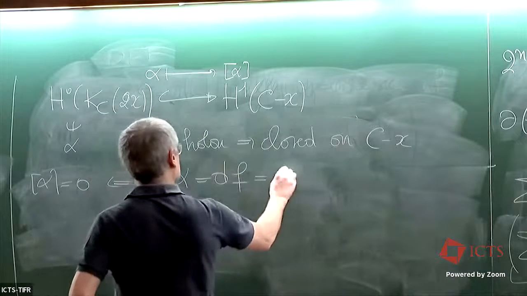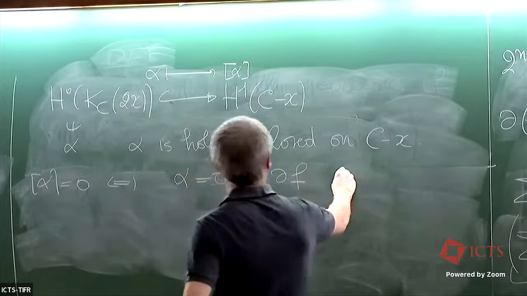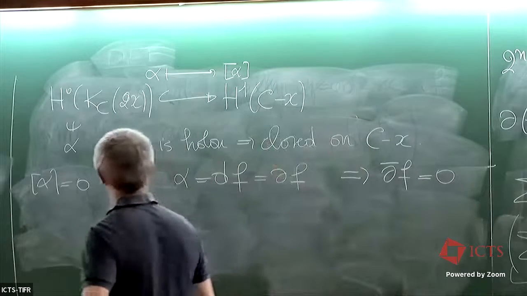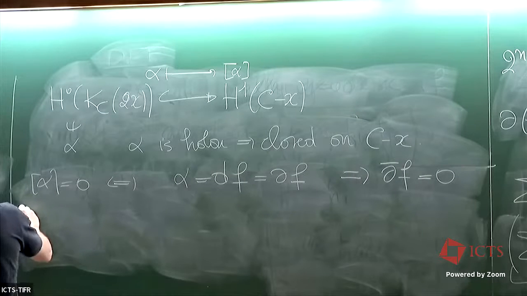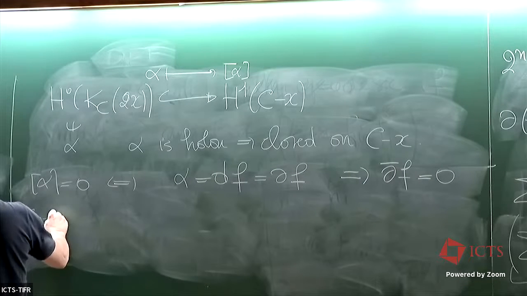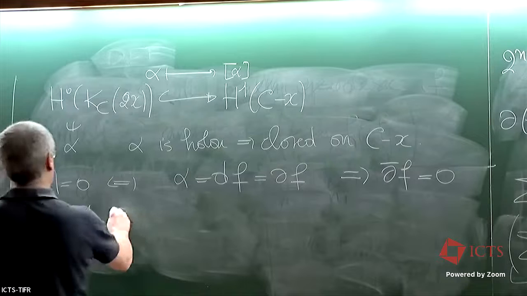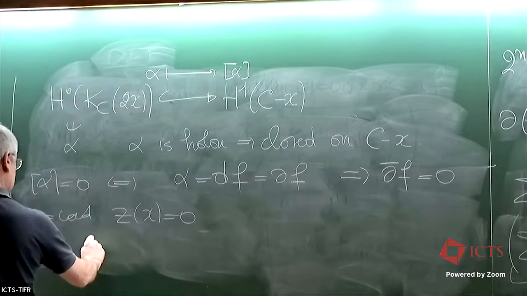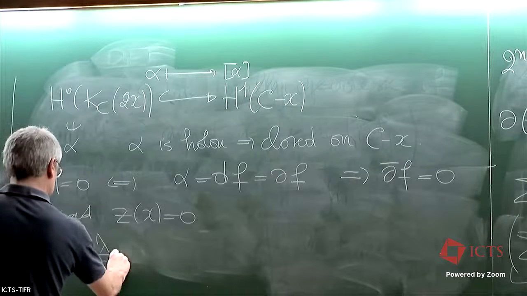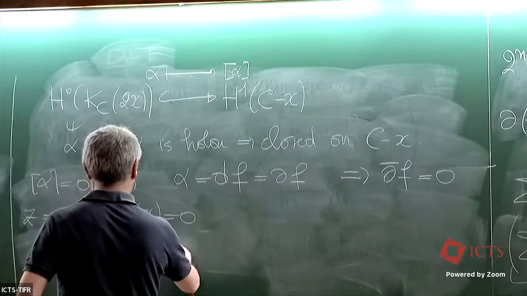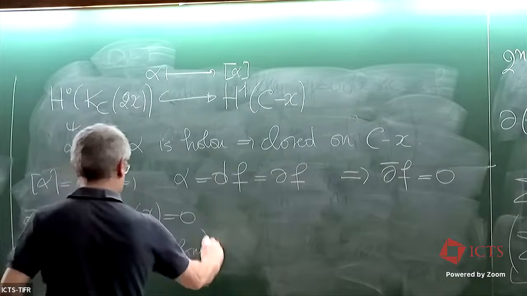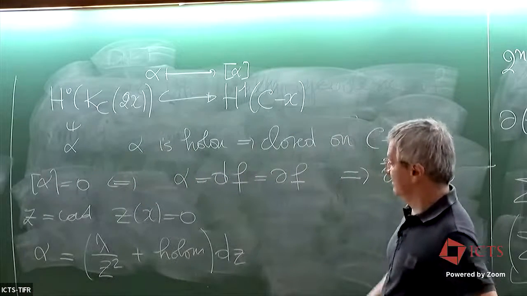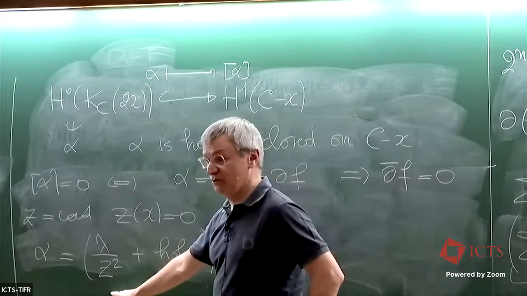The function is holomorphic, and if Z is a local coordinate around X, then alpha looks like this around X, in the sense that we allow a double pole.